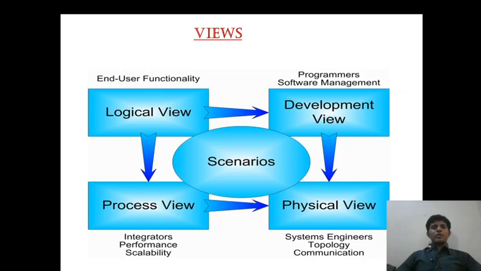How does a particular process view your architecture? Process 1 is going to communicate with process 2, and process 2 needs communication with process 3, like that. Or simply I can say how your system is going to view that particular architecture.